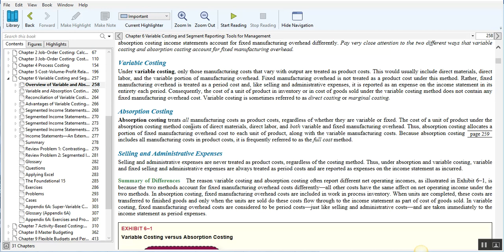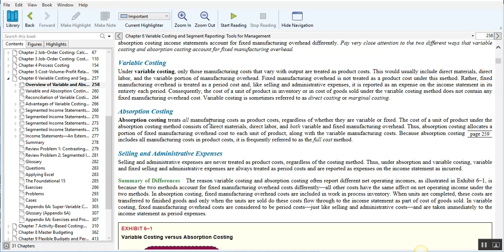For absorption costing, we're going to consider all manufacturing costs to be product costs, regardless of whether they're variable or fixed. So we're going to have the cost of a unit of product. Under absorption costing, we'll have direct materials, direct labor, and both the variable and fixed manufacturing overhead.